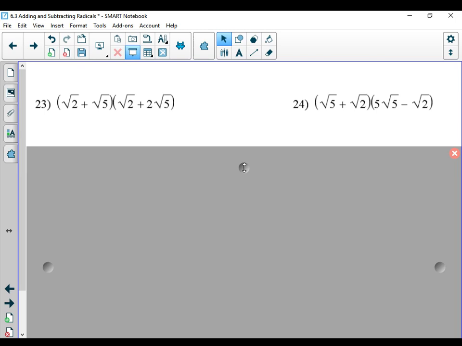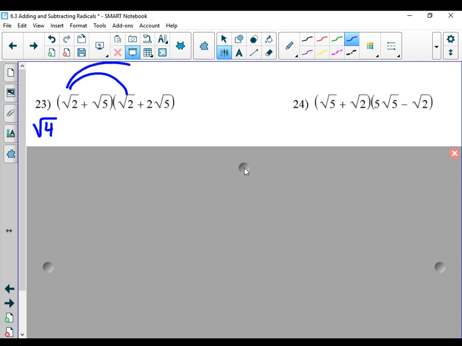Okay, let's look at the first one. So I get square root of 4. I get 2 square root of 10. I get another square root of 10. And I get 2 square root of 25.